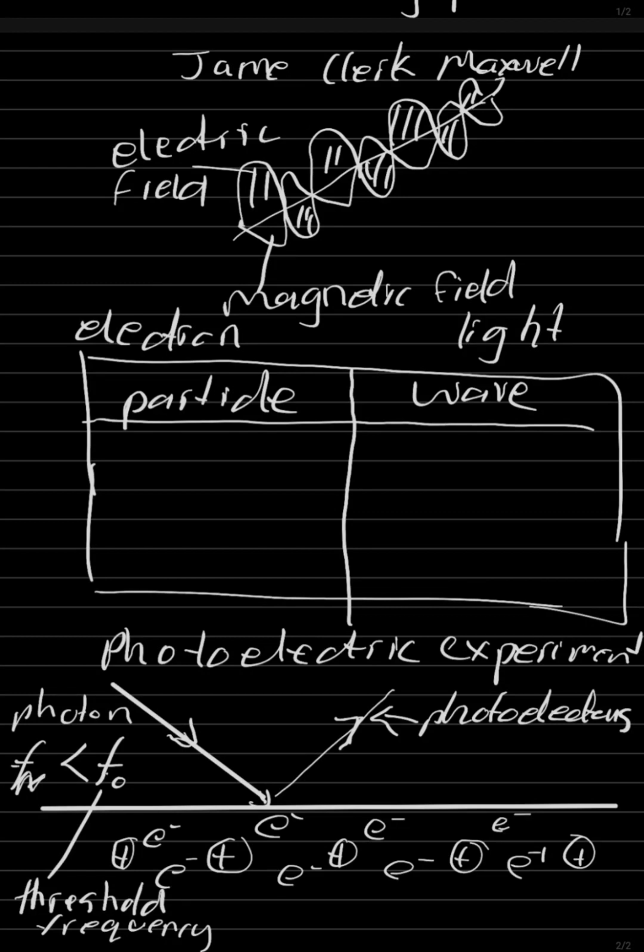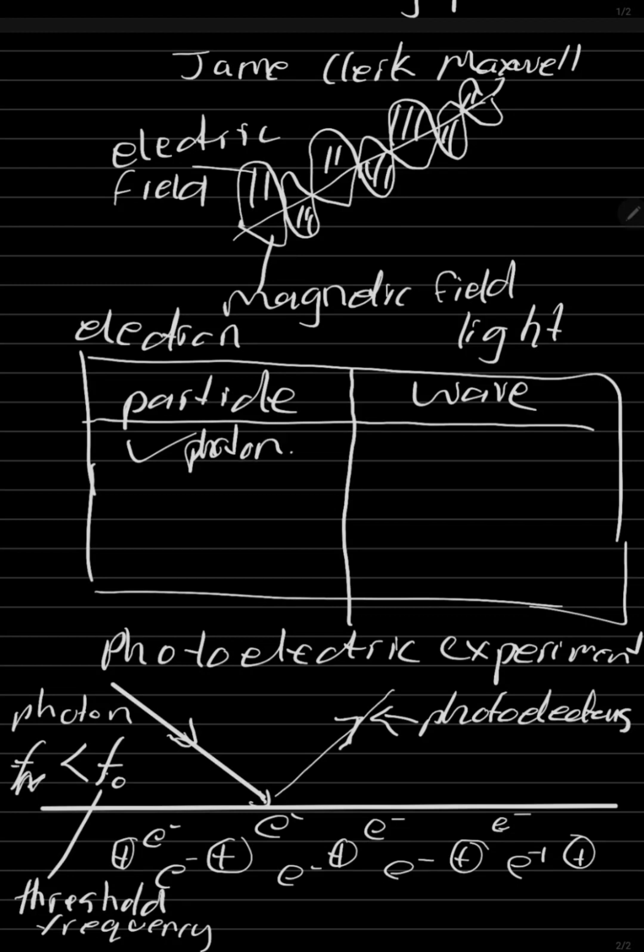It means that light is like a particle, and if one particle shining onto this metal has sufficient energy to knock out an electron, then we get electrons. Otherwise, no electrons will come out. So we are saying light here is a particle, and we call the particle a photon.